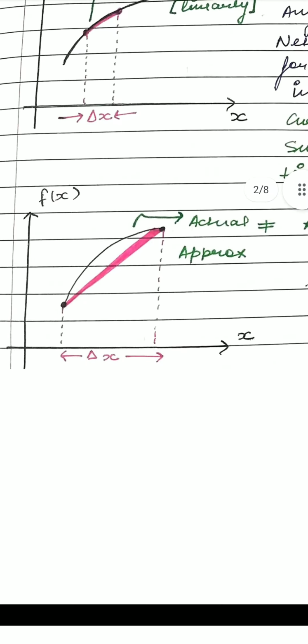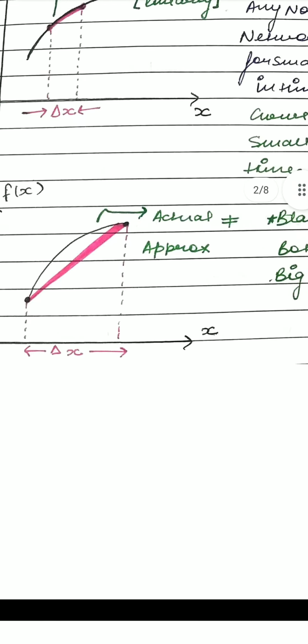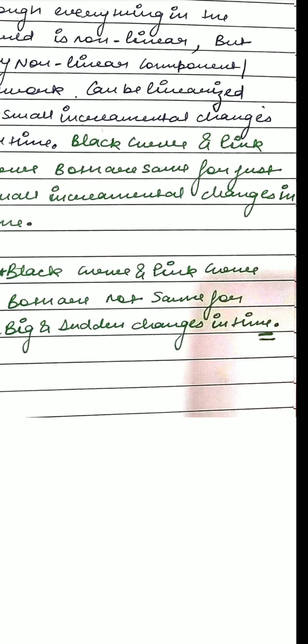On the other hand, this is the second curve. As we take large incremental changes in time, this is the pink line and this is the black curve. The black curve is the actual curve, and the pink curve is the approximated curve. The black curve and pink curve are not the same for big and sudden changes in time.